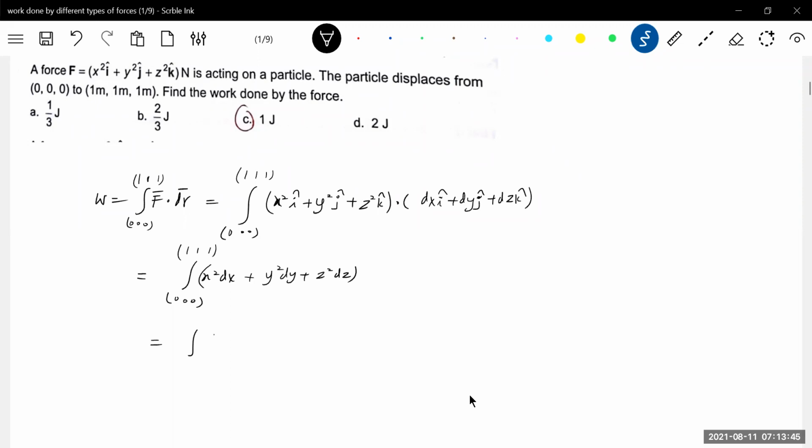The integration of this will be x cube by 3, y cube by 3, z cube by 3, from (0, 0, 0) to (1, 1, 1). This will be 1 cube by 3, 1 cube by 3, 1 cube by 3. Lower limit will be 0 only, so this will become 1 joule. Finally we'll get it. So if you get a variable force, this is very important.